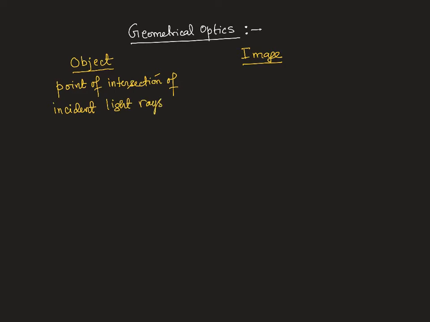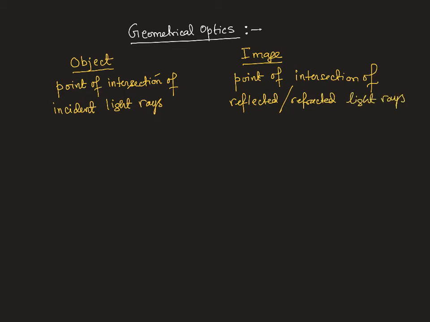An image is the point of intersection of reflected or refracted light rays. Depends. Say for the image formed by a mirror, then we talk about reflected light rays that will form an image.